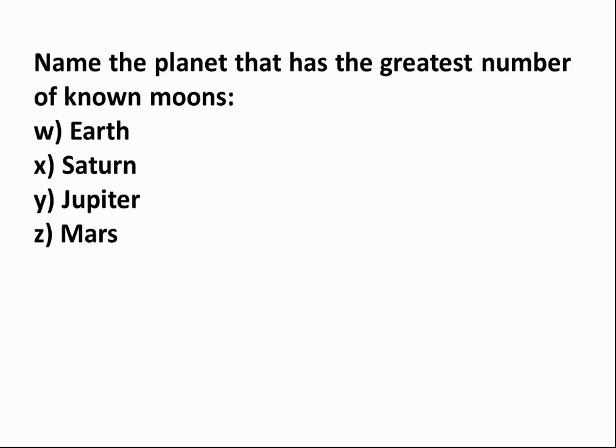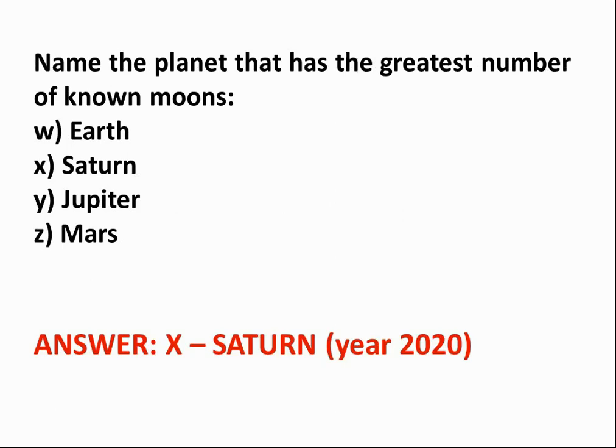Name the planet that has the greatest number of known moons. W. Earth. X. Saturn. Y. Jupiter. Z. Mars. Answer: X. Saturn, year 2020.